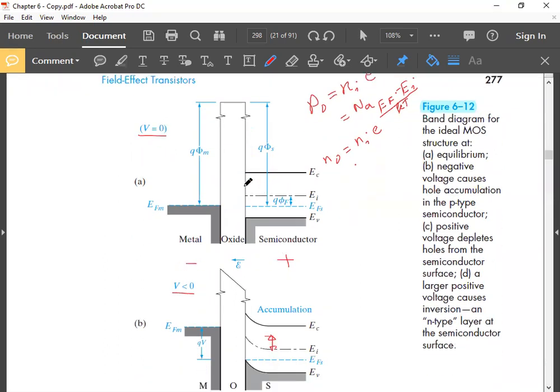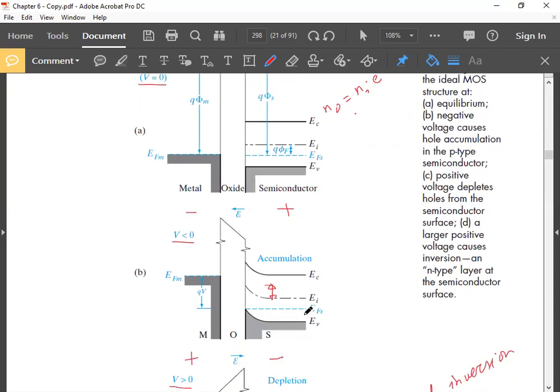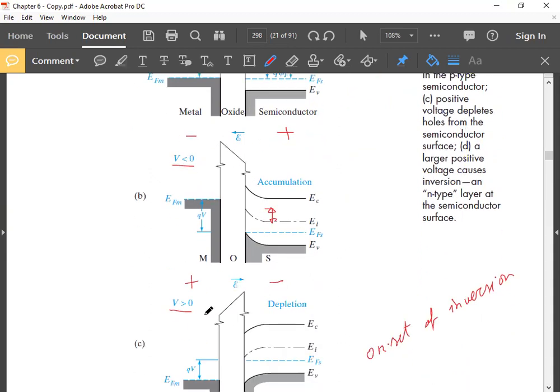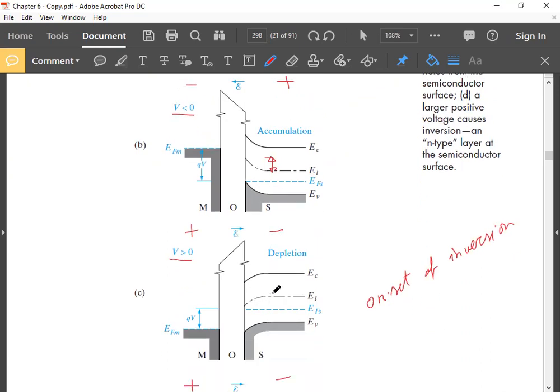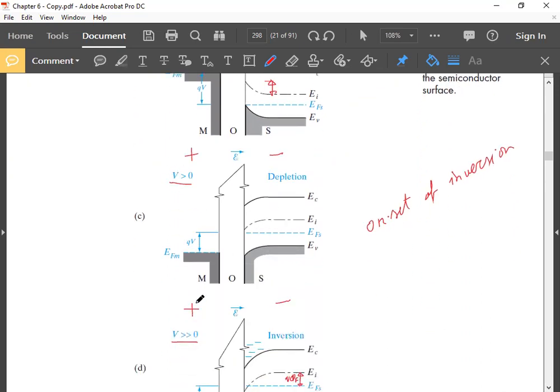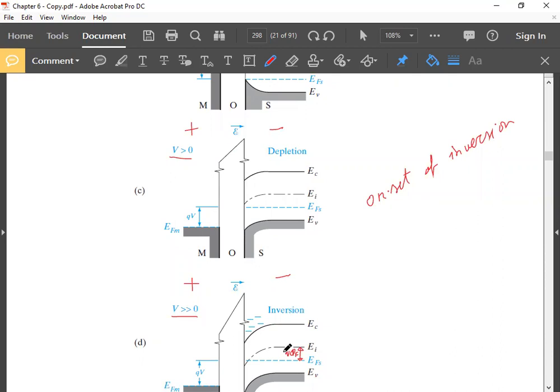After that, everything is the same as this scenario. By applying this additional voltage, you can get accumulation. By applying this type of additional voltage, you can get depletion. By increasing this voltage, you can get inversion. Everything else is the same.